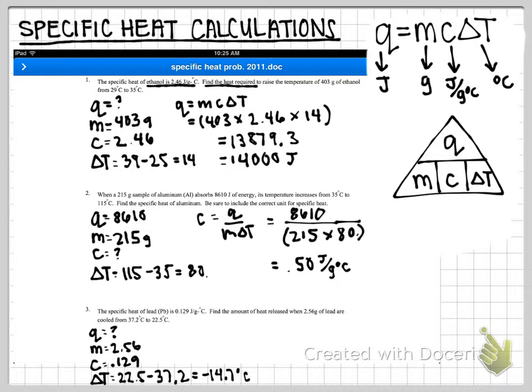So since you're solving for Q, you multiply them all together because Q equals mc delta T. So 2.56 times 0.129 times negative 14.7.